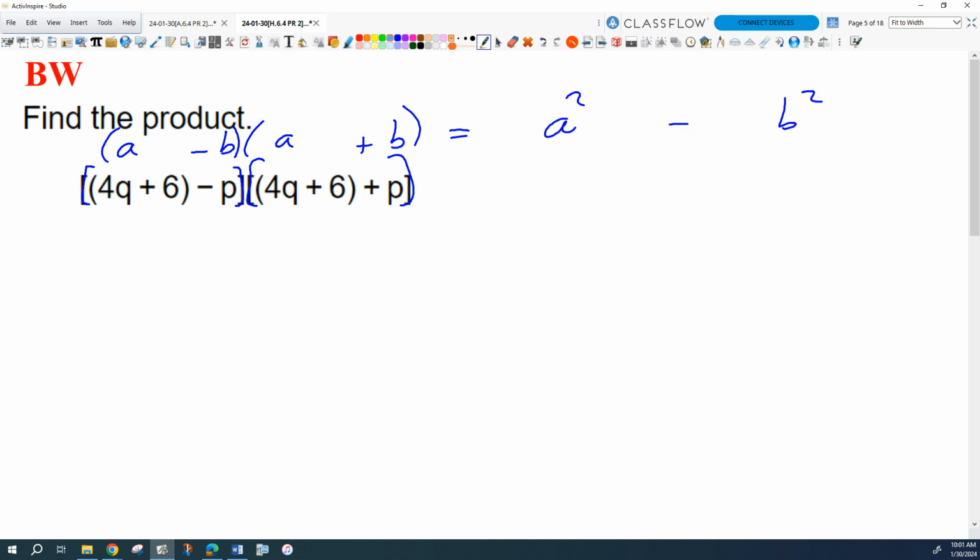A is going to be 4Q plus 6, the quantity 4Q plus 6. B is just P. So the first step would be I end up with A, which is 4Q plus 6 quantity squared, minus B, which is just P squared. That one's easy. P squared is P squared. Done.